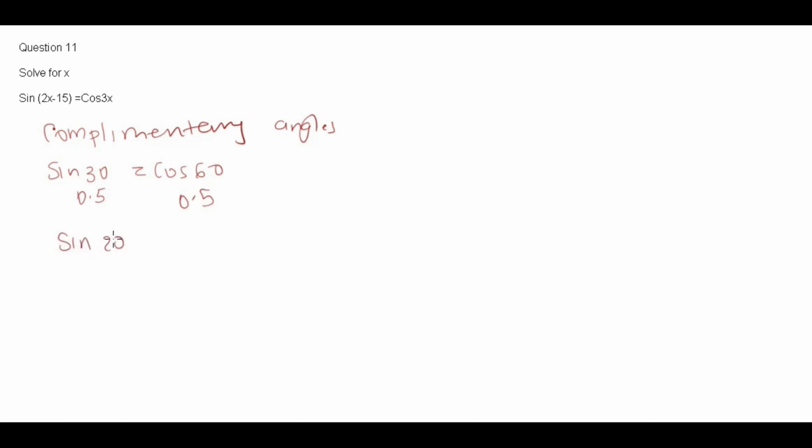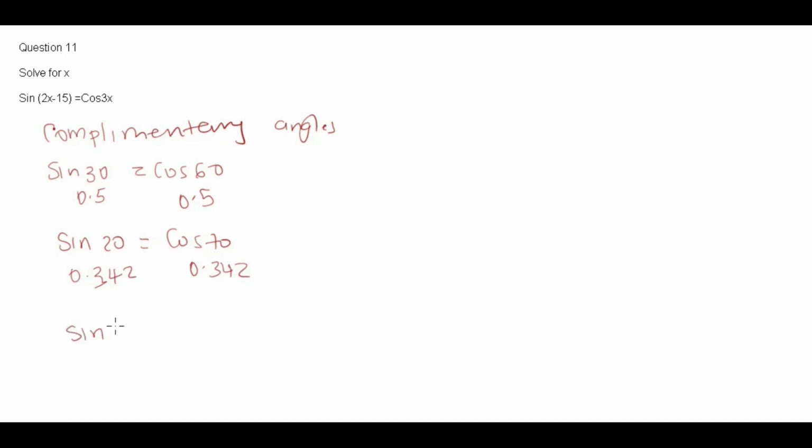Sine of 20 is the same as cos of 70. Cos of 70 is 0.342, and sine of 20 is 0.342.